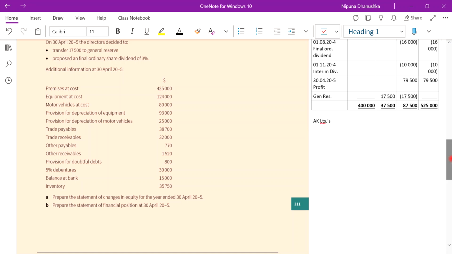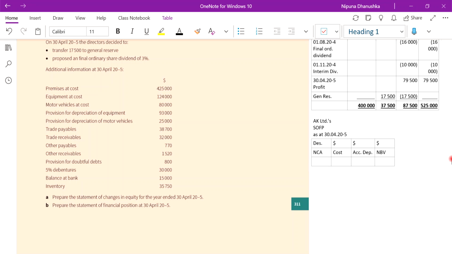Then description, using the dollar sign, and over here non-current assets, at cost, and then accumulated depreciation and net book value.